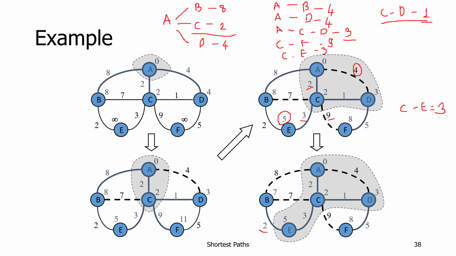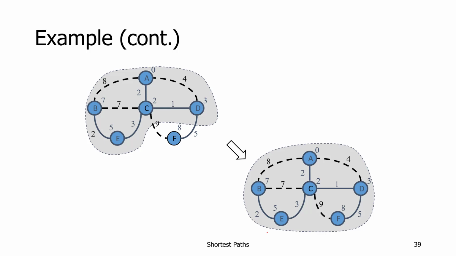Now the next possible edge that we will pick is CB. And so everything becomes part of the cloud except F. Now, the minimum edge going towards F is 5.